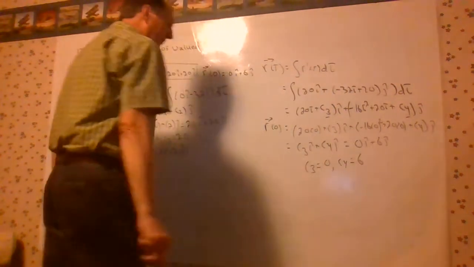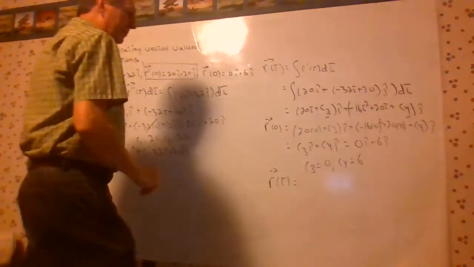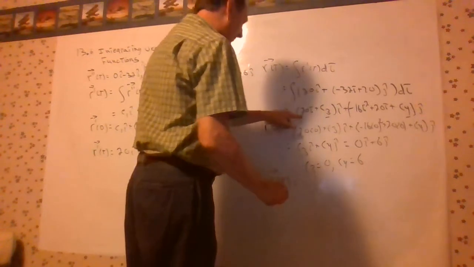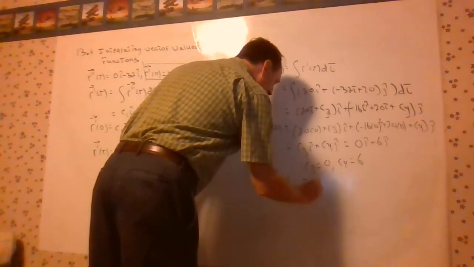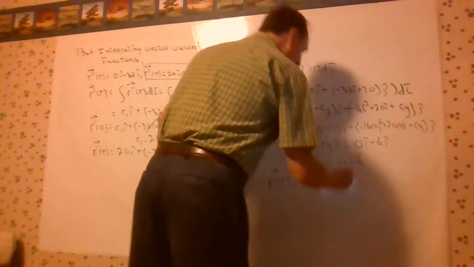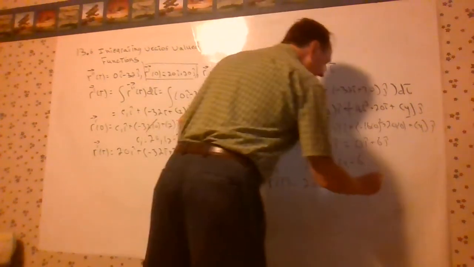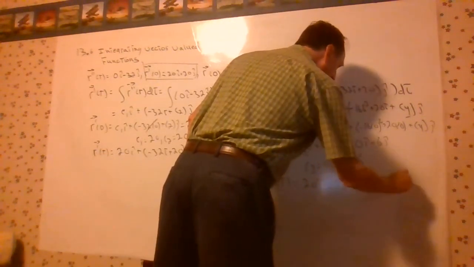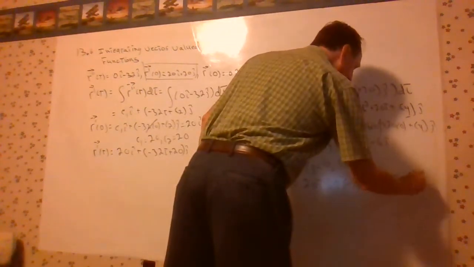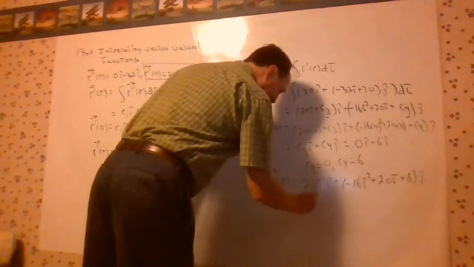And so we have r of t equal to 20t i plus, over here, negative 16t squared plus 20t plus 6 j. These are the position functions. This is really equal to x. This is really equal to y.